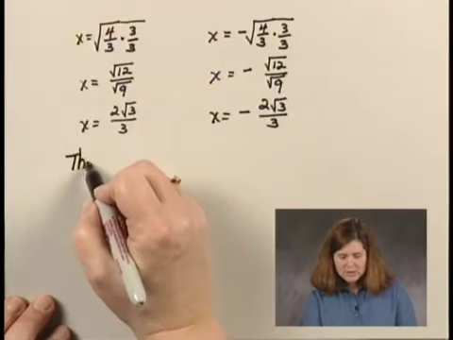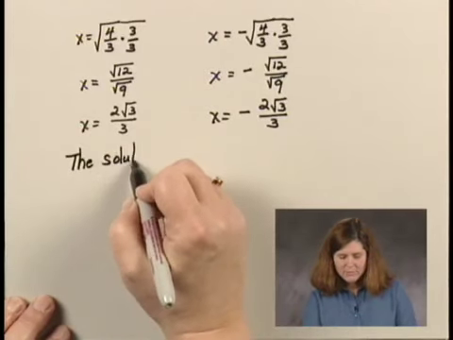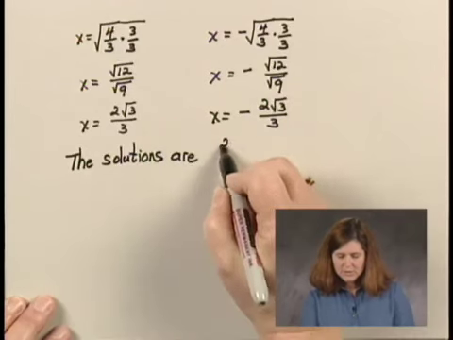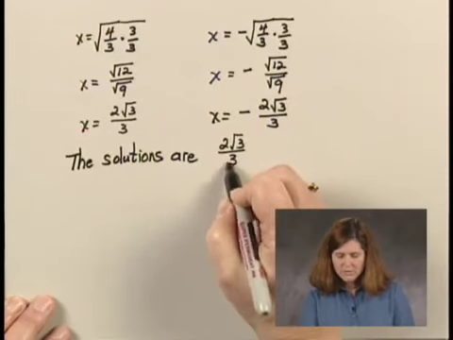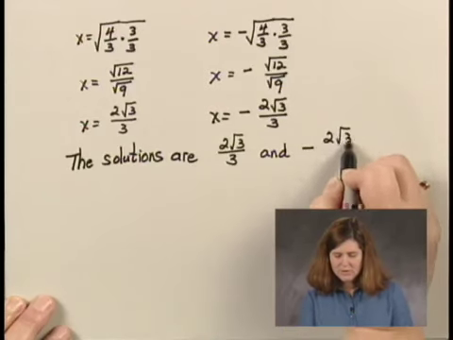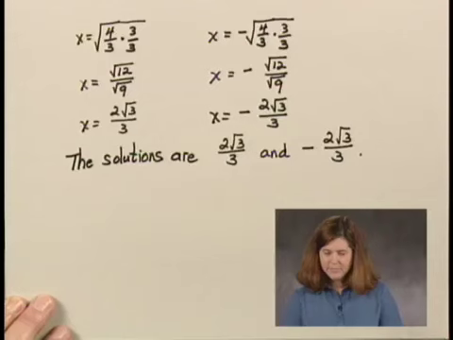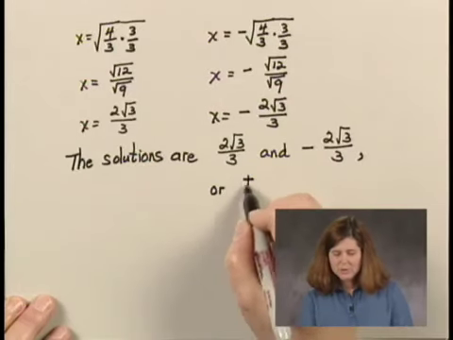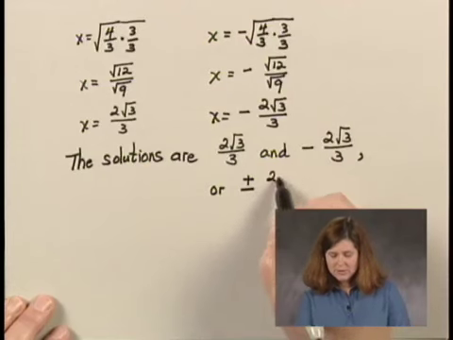So the solutions are, in simplified form, 2 times the square root of 3 over 3 and negative 2 times the square root of 3 over 3. These can also be written as plus or minus 2 times the square root of 3 over 3.